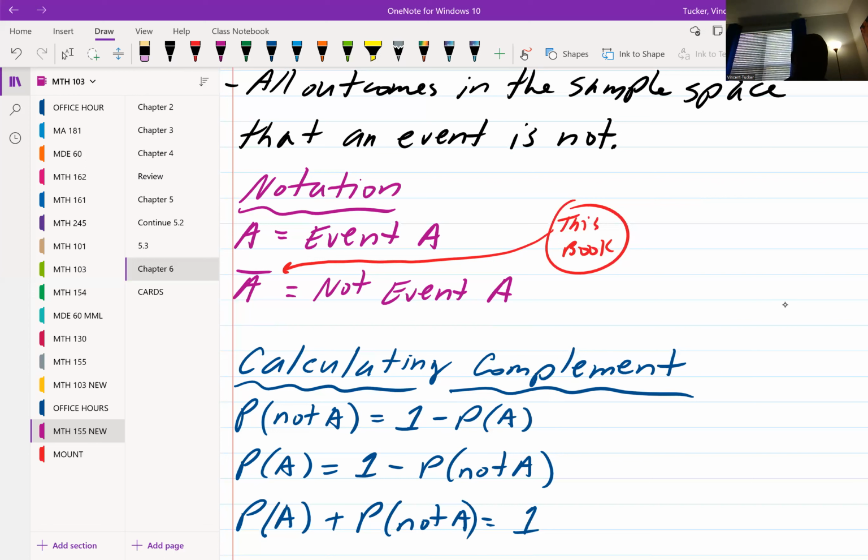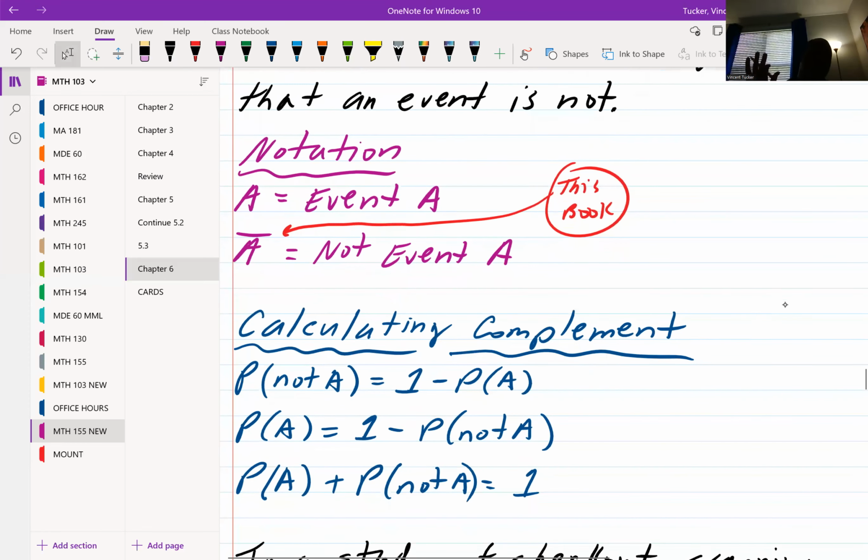Or if I know the probability of the complement and I want to find the probability of the event, I can subtract that from 1, and that'll give me the probability of my event. Or finally, if I add the probability of my event and the probability of not my event, they will add together to give us 1. Notice that all 3 of these are the same formula, just manipulated according to what it is that you're trying to calculate or find.